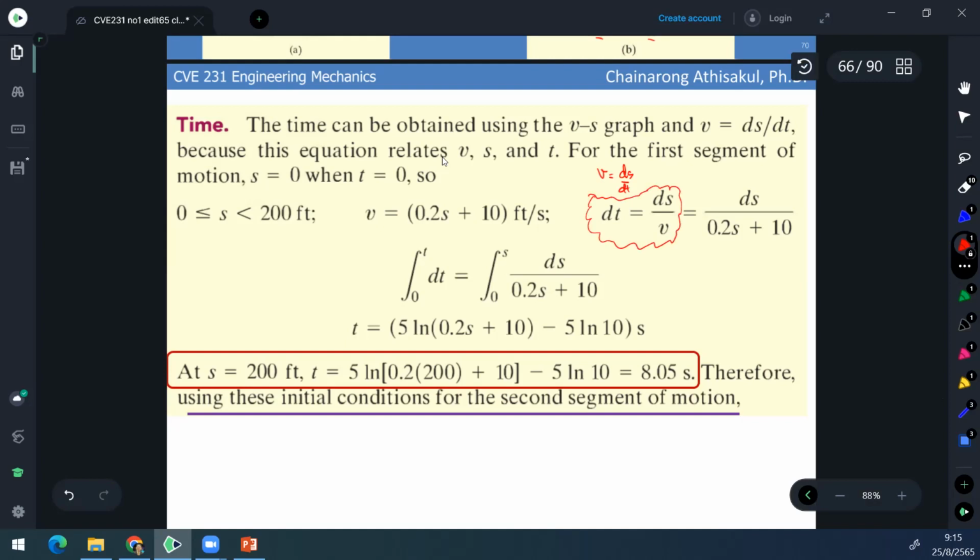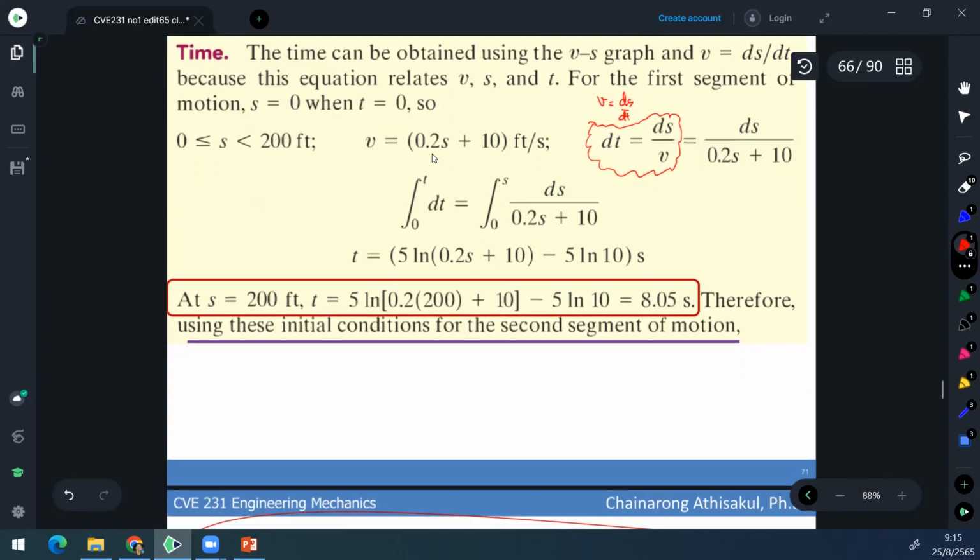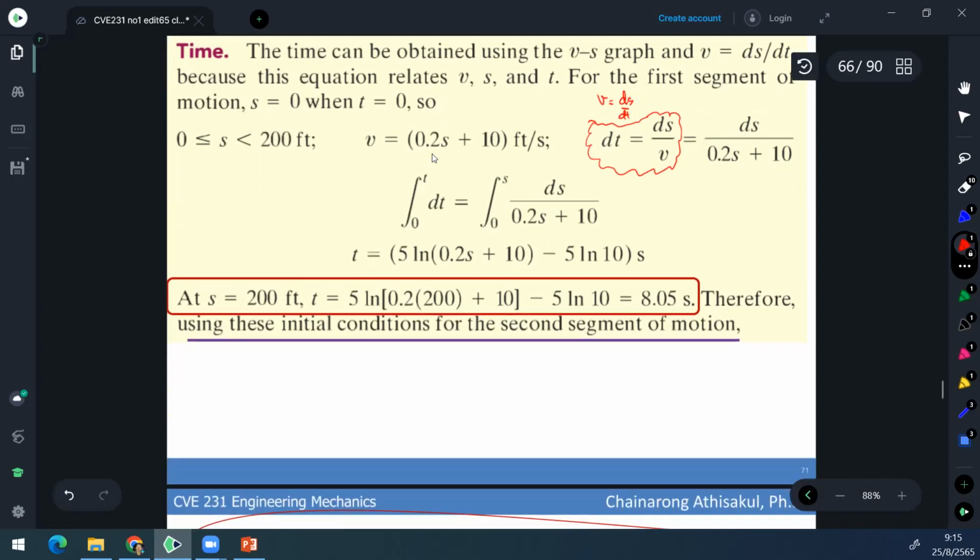We also have dt equal to ds over v. Because we have to know that from this problem, the velocity and acceleration are not a function of time. They are a function of position.